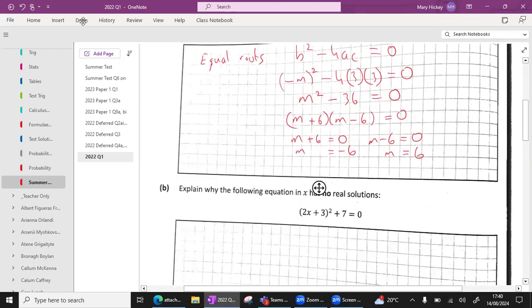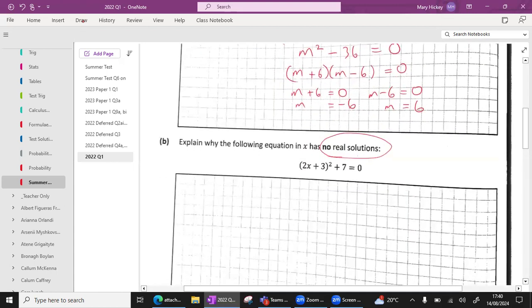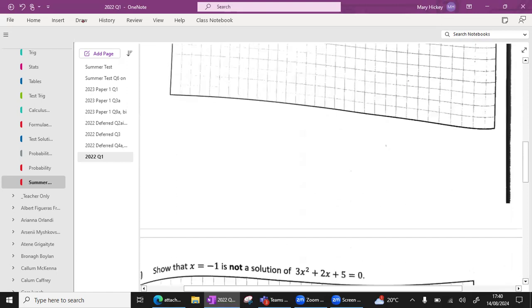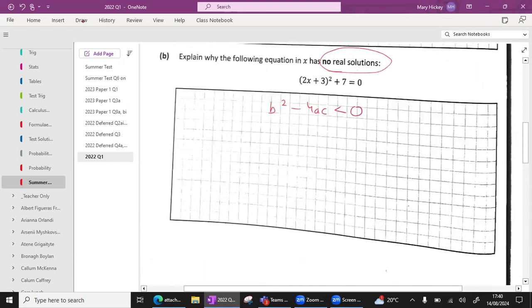Explain why the following equation in x has no real solutions. Now, if it has no real solutions, then we learned that b squared minus 4ac, the discriminant, is less than 0. So let's see if that's the case. I can't really see what my b and c are at the moment, so I'm going to have to multiply out this bracket.